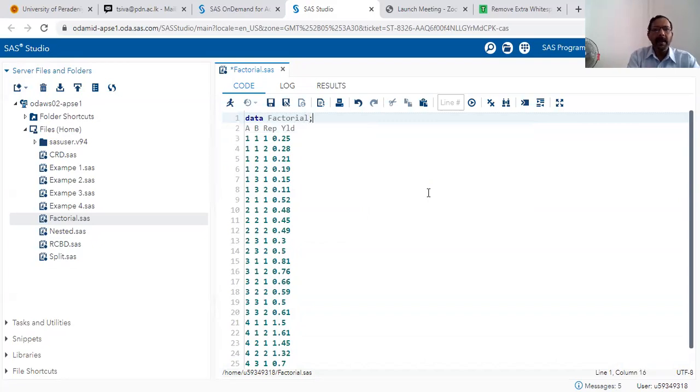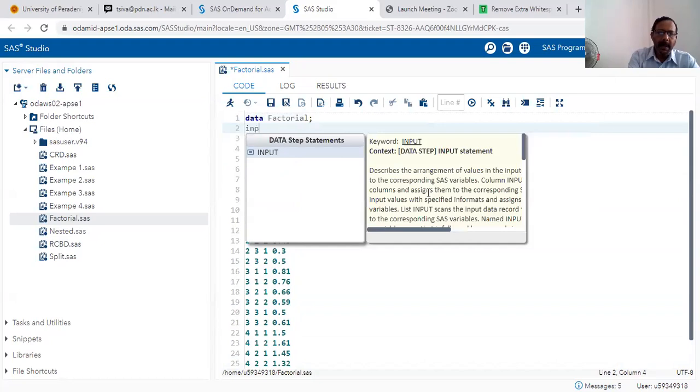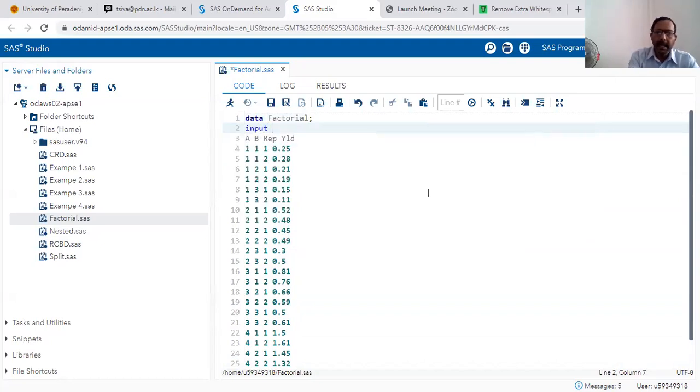Give a name, just to identify what sort of analysis it is. Input: factor A, factor B, replicate, and yield.